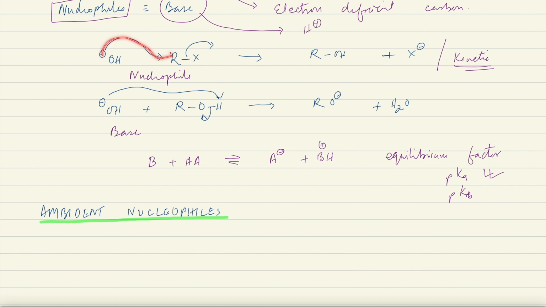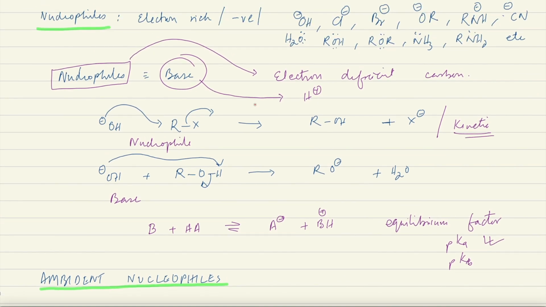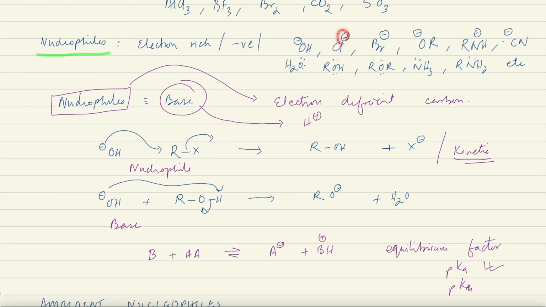So it has only one point of attack, this oxygen atom. Now let's look at these examples. Chlorine has only one point of attack, and so does bromine, and OR also only from this oxygen atom. NH minus is also from here. H2O is again only from this oxygen. ROH is also only from this oxygen. An ether ROR again only from the oxygen. NH3 is only from this nitrogen, and so on.